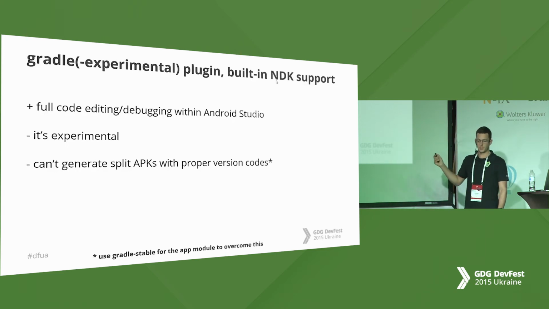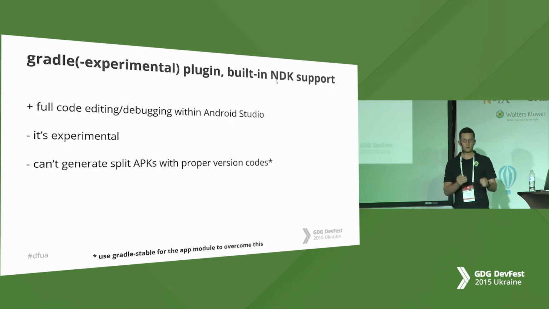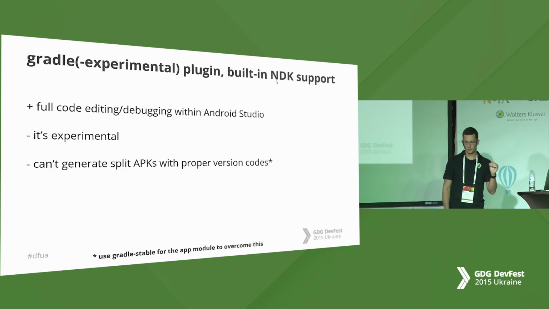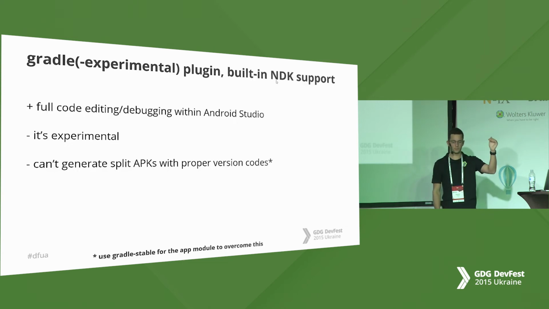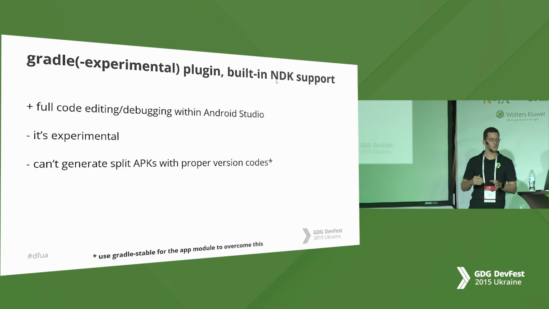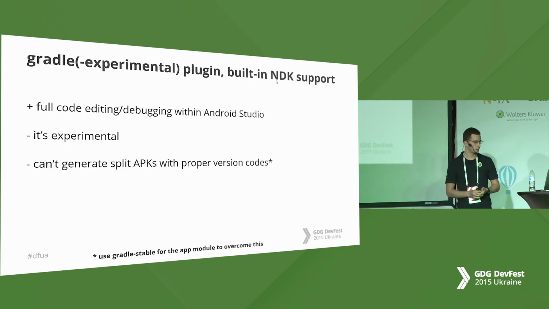One thing you can do, actually, is to mix use of the Gradle experimental and Gradle stable plugins. So you can have your app module that is using the Gradle stable plugin and your lib module that is using the Gradle experimental plugin. This way you can define your APKs and version codes as usual with your app module, which is using Gradle stable, and have your full-blown Gradle experimental NDK plugin as a lib.